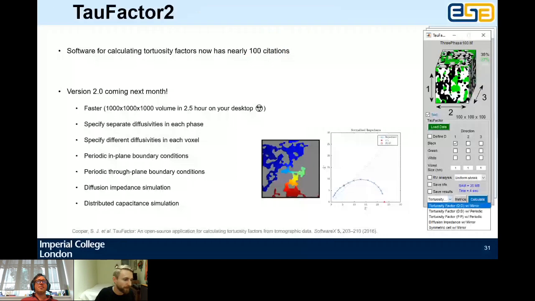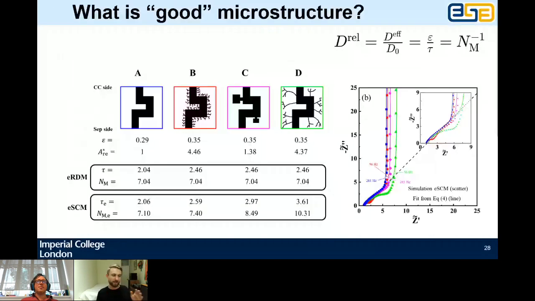Okay, notice these Nyquist plots don't quite go to the origin. There's a small offset. That small offset is about transport through the separator. We've actually put a microstructure either side of a small separator region in the simulations.